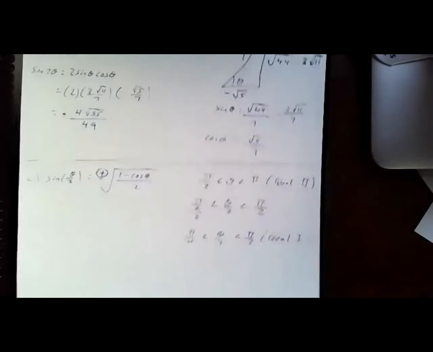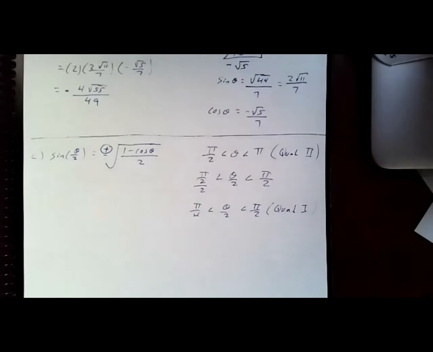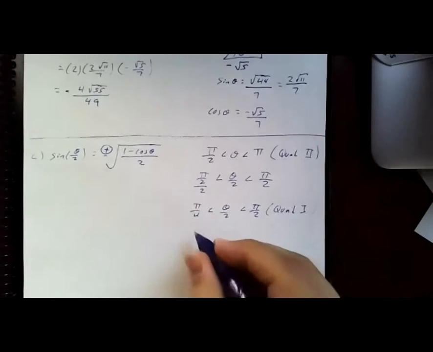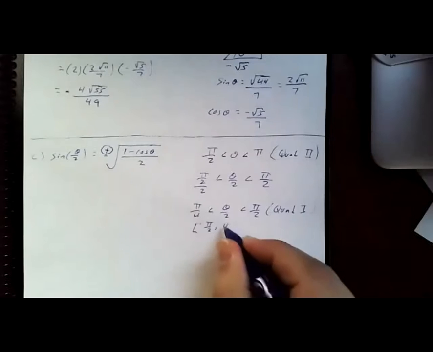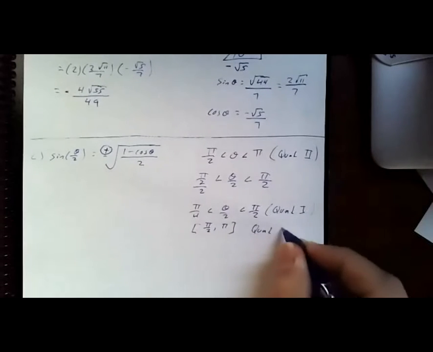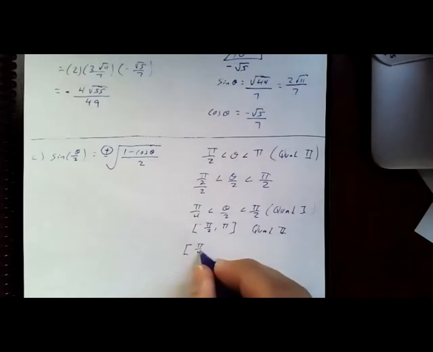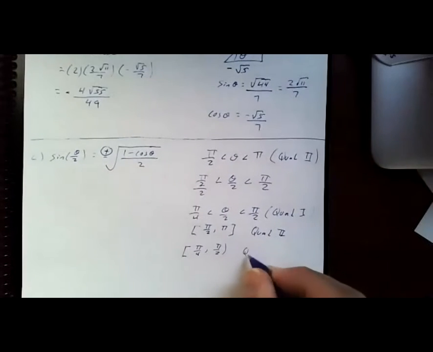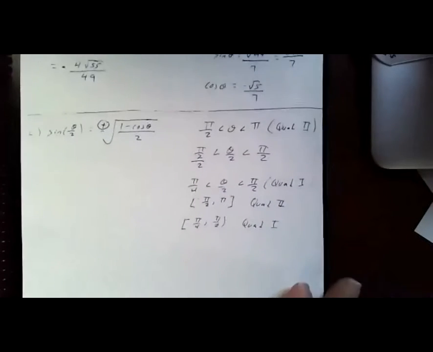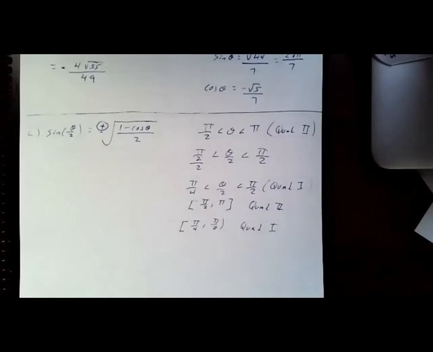We can write it the other way if you want: pi over 2 to pi is quadrant 2, and if we cut it in half, pi over 4 to pi over 2, which is quadrant 1. Theta's just a variable, an angle in between pi over 2 and pi.